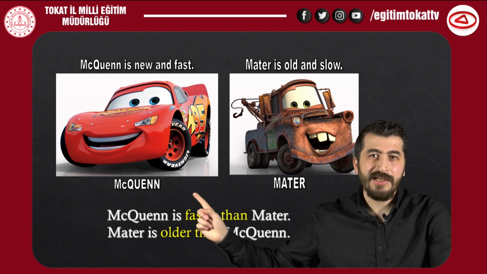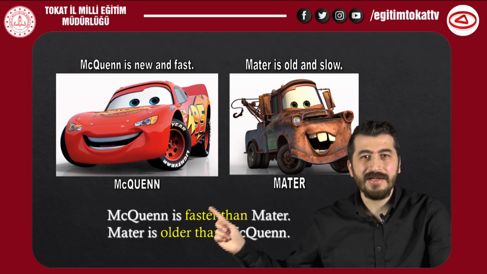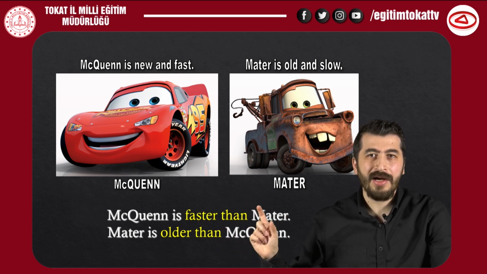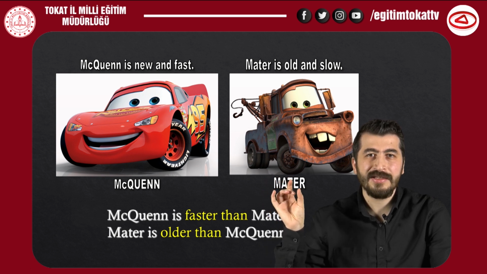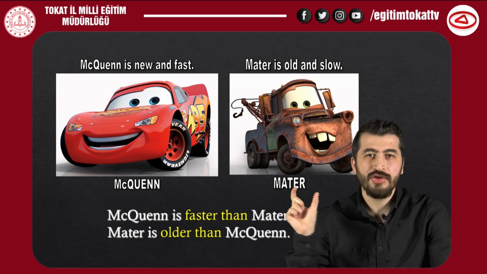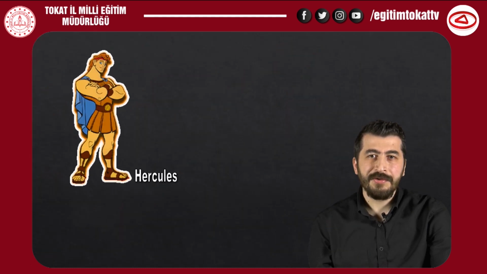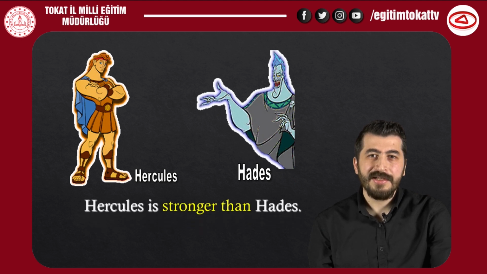McQueen is newer than Mater and Mater is slower than McQueen. We use er than. Why? Because we have short adjectives: new, fast, old, slow. They are short. Hercules and Hades. Hercules is stronger than Hades.